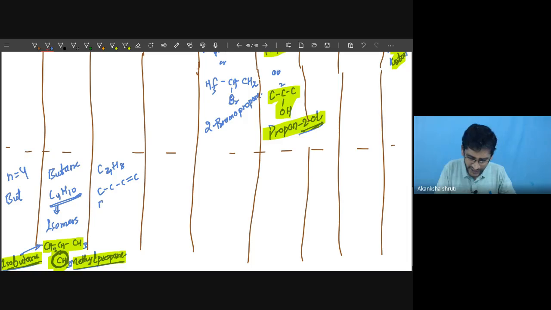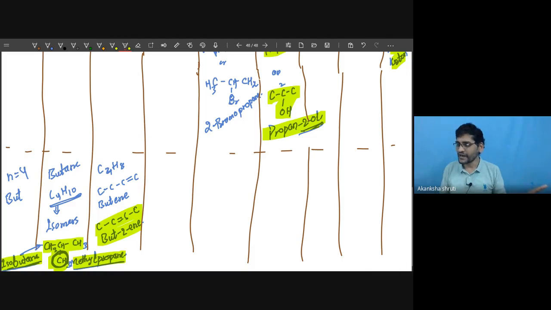So it is called butene, or simply but-1-ene. But if the structure is like this, double bond here and C with the C here, then surely the name should be given as but-2-ene. Okay, student? You have to keep this in mind. Getting?